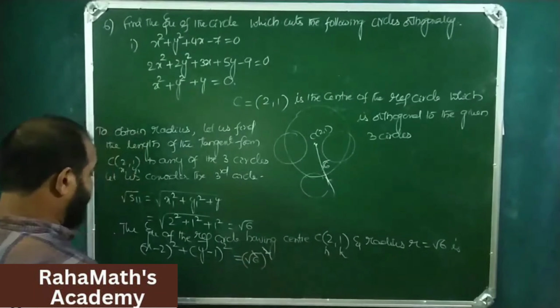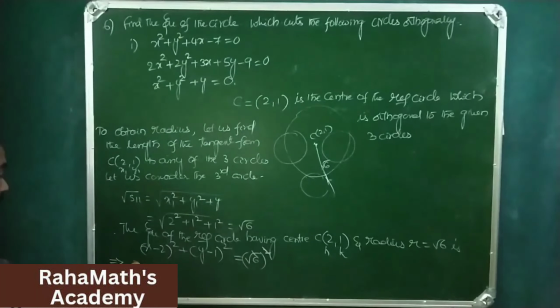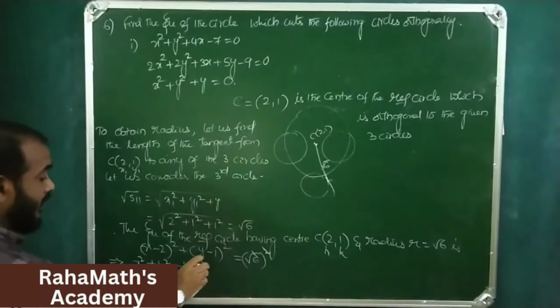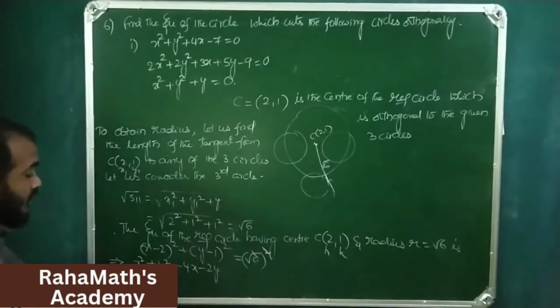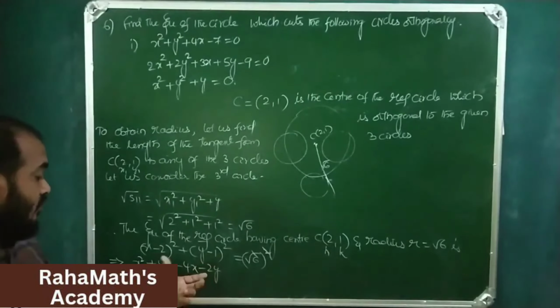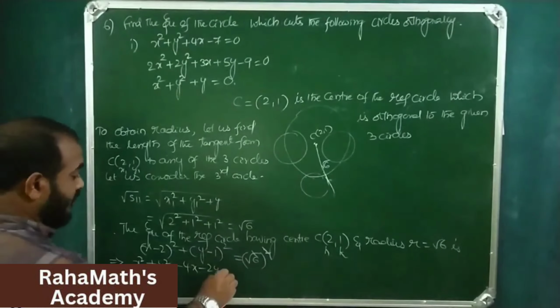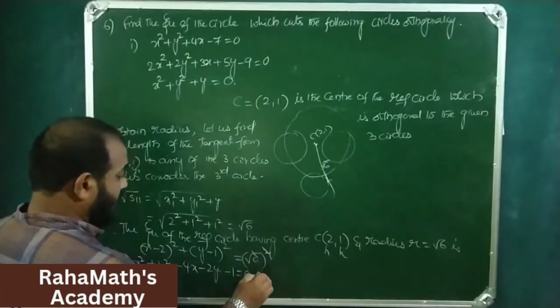Square root gets cancelled. So this is x square plus y square minus 4x minus 2y plus 5 minus 6, which is minus 1, equals 0.